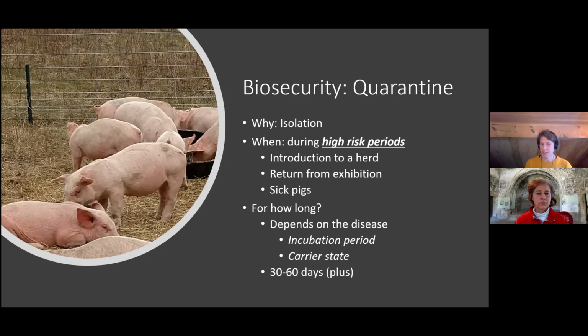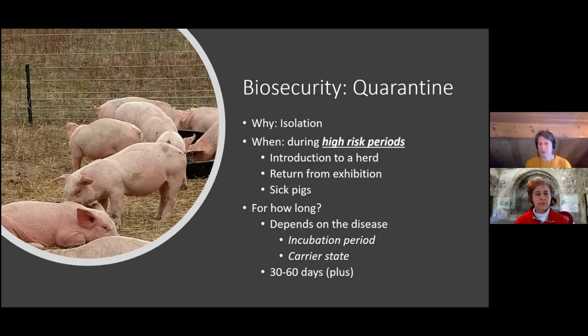How long to quarantine for really depends on the disease that you're particularly concerned about. So unfortunately, this is one of those tricky answers where there really is no one correct answer, but there are some helpful guidelines to use to help determine what quarantine period is going to be most effective for you in your situation.